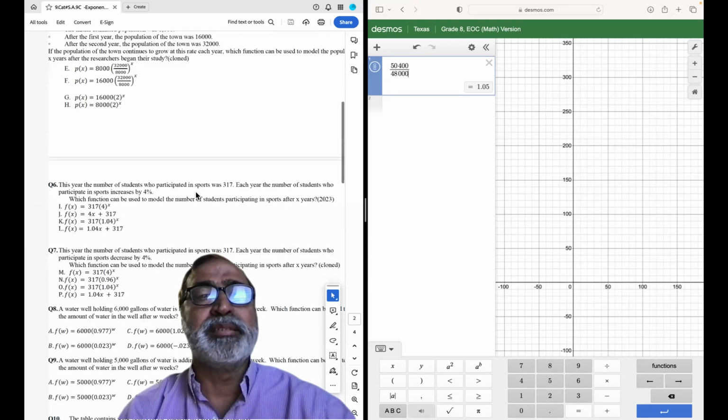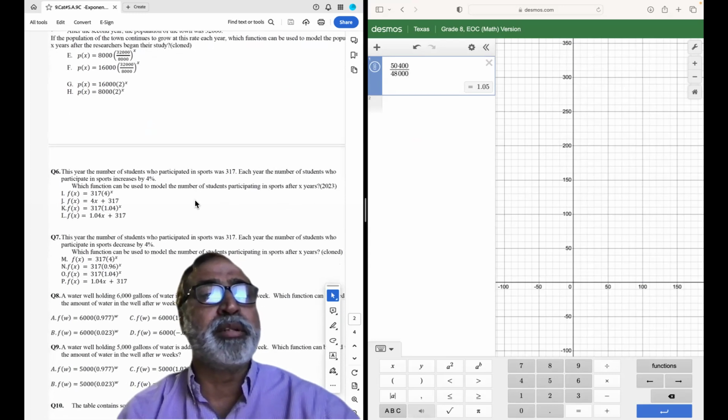Now let's use the same knowledge we used on number 2 and 3. Student participation was 317, and since it's an exponential function, how do we know participation is growing by 4%?